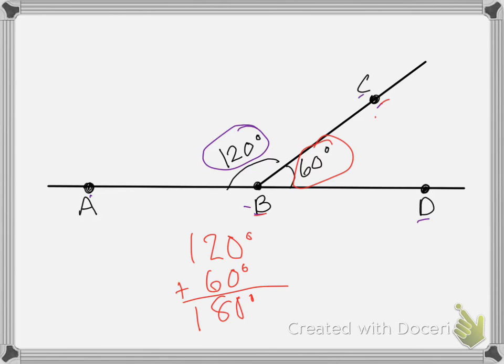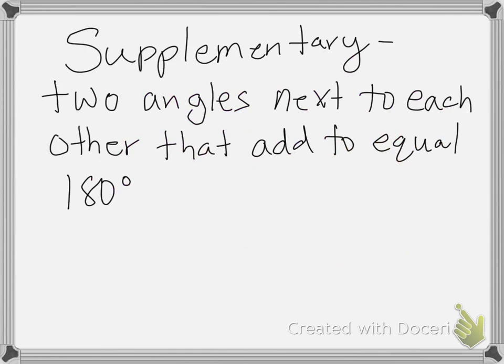If two angles that are next to each other have a sum of 180 degrees, they are called supplementary angles. So if you find supplementary angles, there are two angles next to each other, and they have to add to equal 180 degrees.